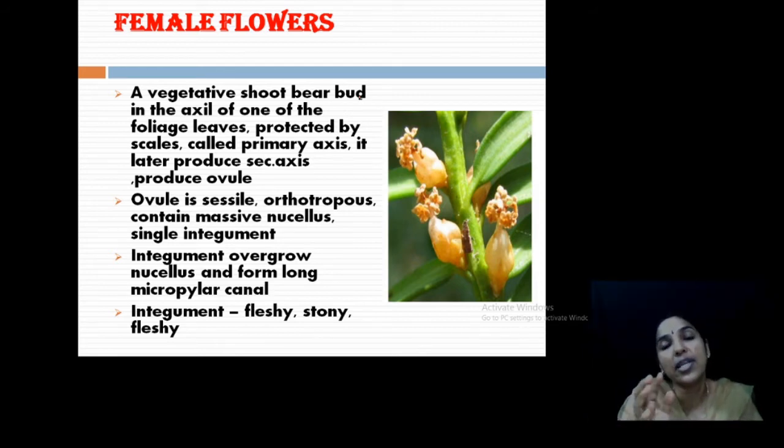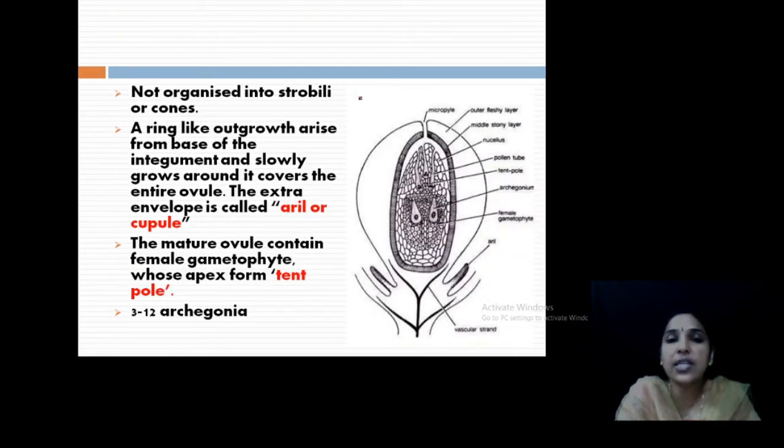So usually what is happening? Nucellus, then integuments. The integuments leave an opening at the apex, that is the micropyle. What happens here is the integument grows and extends a long way from the nucellus, forming a long micropylar canal. Then the integument has a fleshy layer and a stony layer. See, this is the image of the ovule.